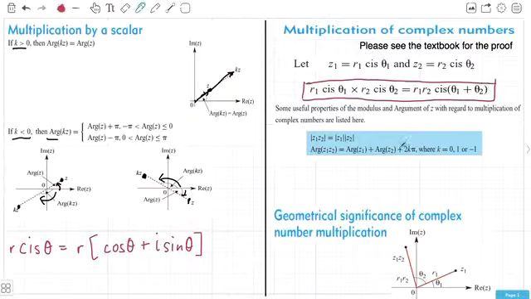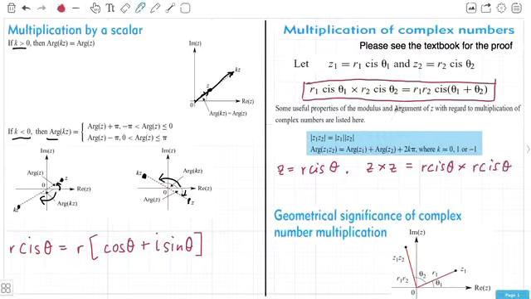A couple of useful properties that come out of that is that when you're multiplying args, you're effectively adding them together. And when you're multiplying moduluses, you're effectively just taking the two moduluses and multiplying them straight together. The other thing that's interesting here is if you take z, which we'll just call r cis theta, and multiply z by itself, you're going to get r cis theta times r cis theta.